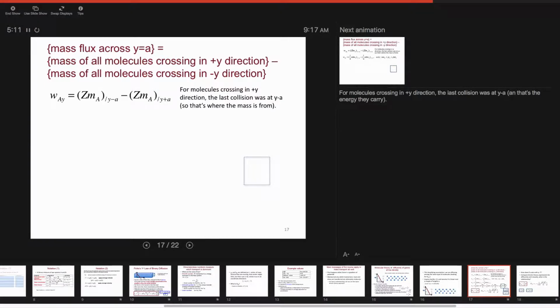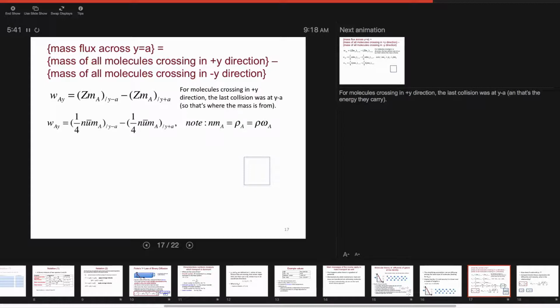So I will simply count the number of them and their mass, and that mass information will be carried from y minus a, those are for those going upwards, minus those that are going downward, that carry information from the plane y plus a. And now I have to note, when I put in what z is, z had that n, which is number per volume.